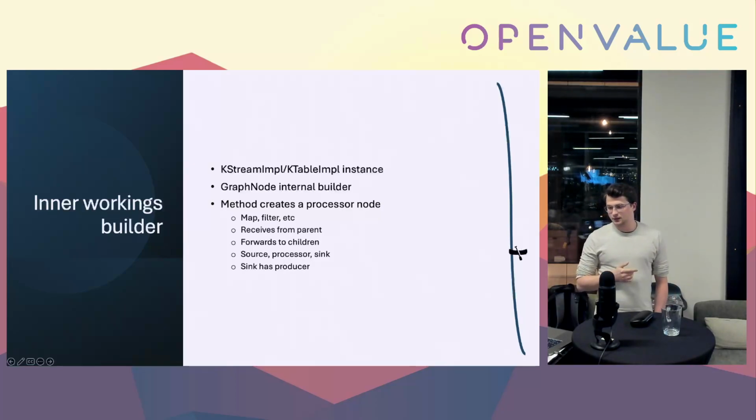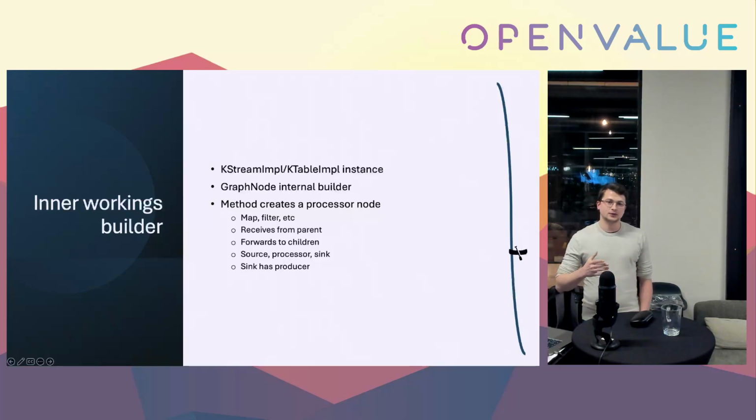In this case, what it adds it to is a KStream implementation or a table implementation instance, and every time you call it with a map or a filter or anything else, it will add a node to the internal builder, and it will then return that KStream again. So every method that you call on the builder will add a processor node to this builder. This is, for instance, with a filter or a map.